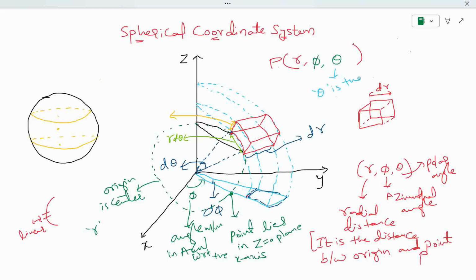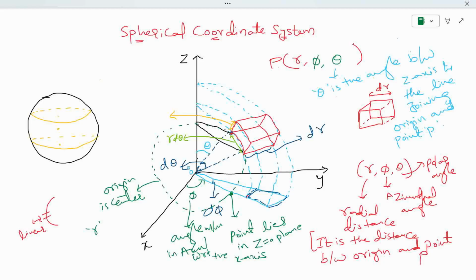Theta is the angle between the z-axis and the line joining the origin and point P. Here the line joining is this, the origin O and point P. The z-axis is this. So this angle is theta.